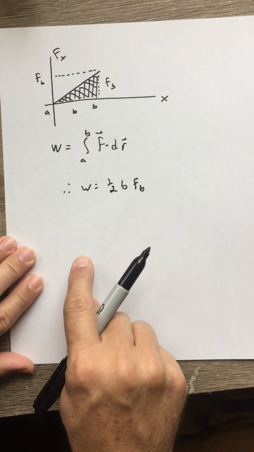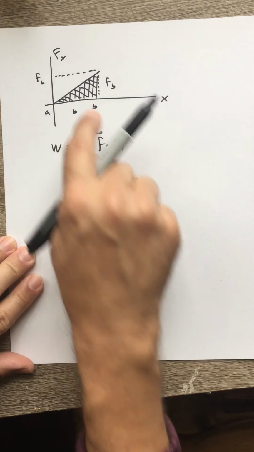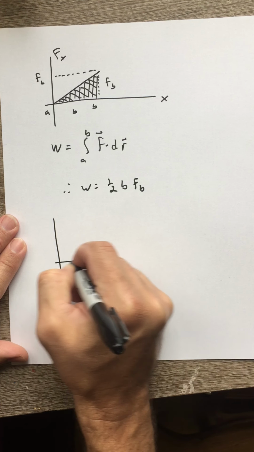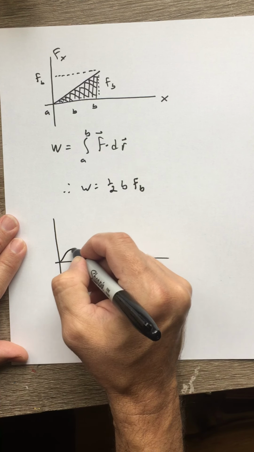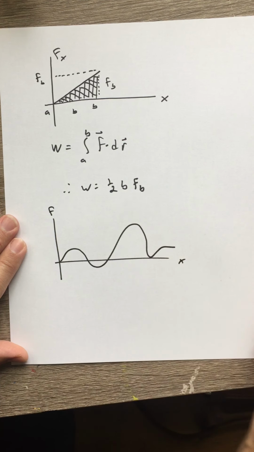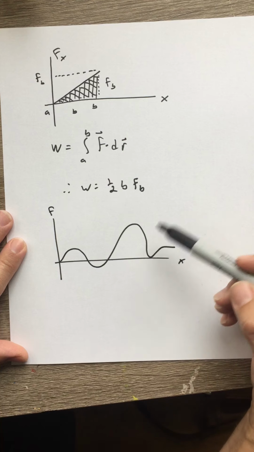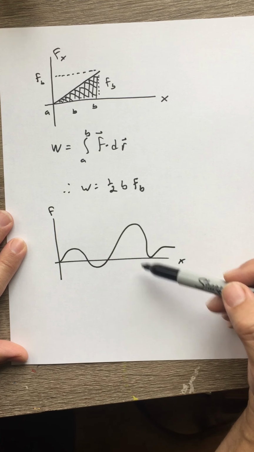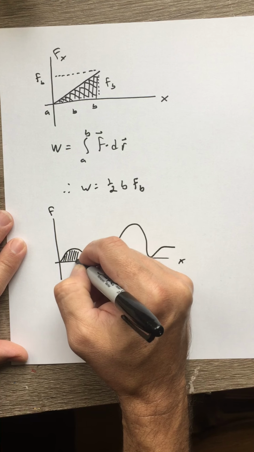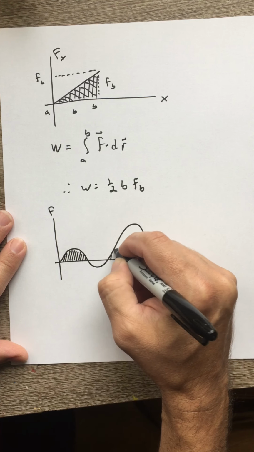Now, of course, not all situations are going to be this easy. If you have a graph that looks like this, where this is force versus displacement, well, that clearly doesn't lend itself to a simple geometrical interpretation. We can still talk about the area underneath the curve.